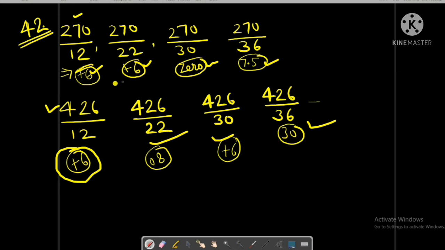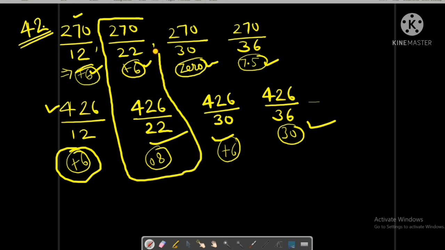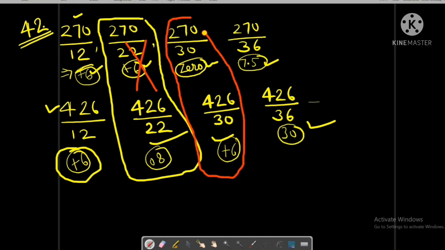Now question है कि दोनों में सेम होना चाहिए, तो ऐसा कौन सा पेयर है जिसमें रिमाइंडर 6 आ रहा है. देखिए यहाँ रिमाइंडर, इस वाले पेयर की अगर हम बात करें तो यहाँ पर 22 में, फर्स्ट में तो रिमाइंडर 6 है लेकिन यहाँ पे 8 आता है, so this is not the answer. Then in the second, you can see here, in the first number the remainder is 0 but here it is 6, so that is also not correct.